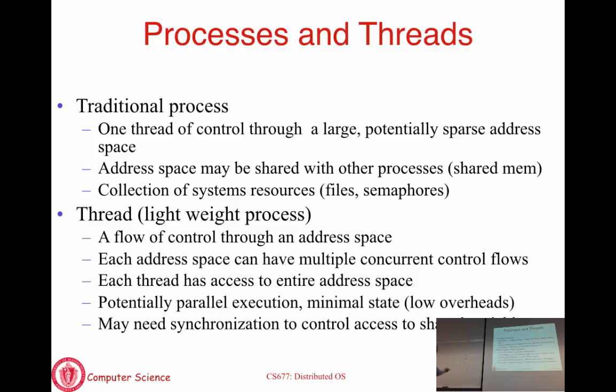In the code segment you have code. You typically have machine code, but let me just write some pseudo code. So these are just statements you have in your program. What we mean by a traditional process, also referred to as a single-threaded process, is essentially an address space which has a single stream of execution woven through it.